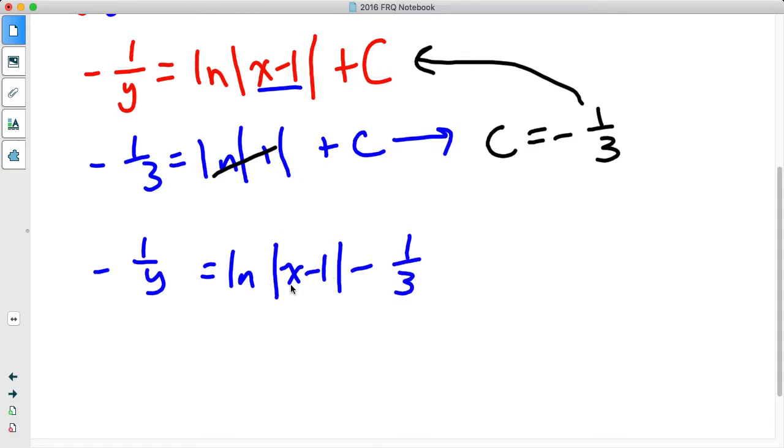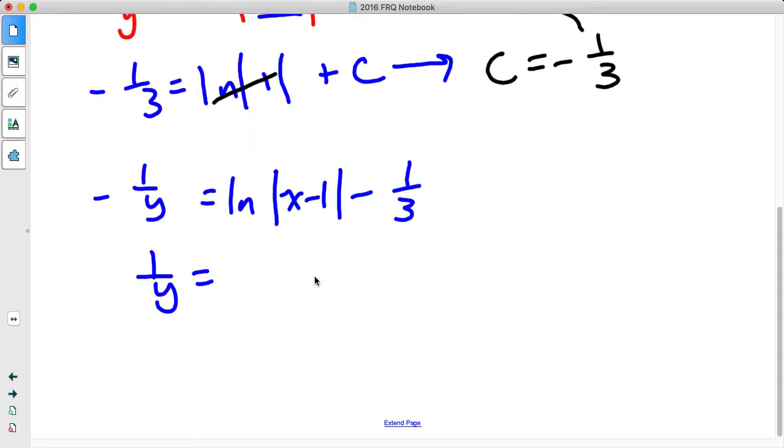So the first thing that we need to do is we have a negative here, so I'm going to multiply everything by negative 1. So I'm left with 1 over y. All I'm going to do over here on this right hand side, instead of making it negative ln plus 1/3, I'm just going to switch those around. So I'm going to make it 1/3 minus ln absolute value x minus 1.